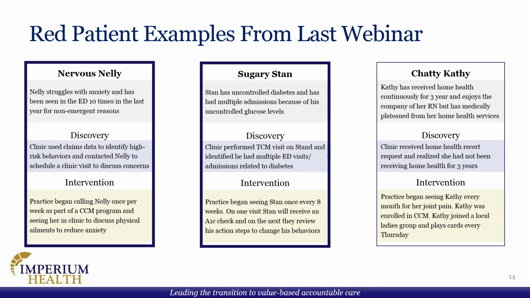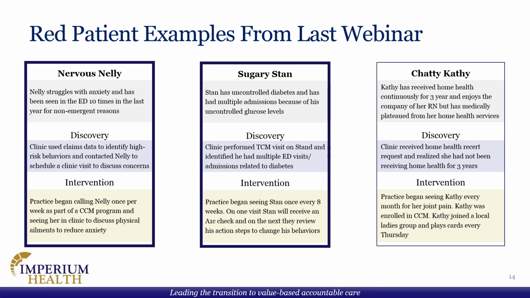And by enrolling Nellie in a chronic care management program, they were able to see her a little bit more often, talk about the things that were going on as it was related to that CCM care plan, and reduce her anxiety levels.